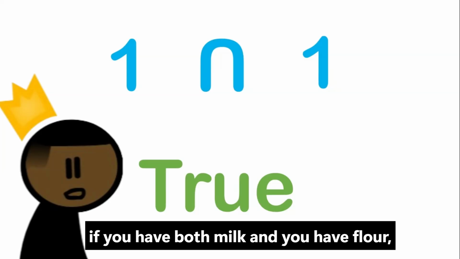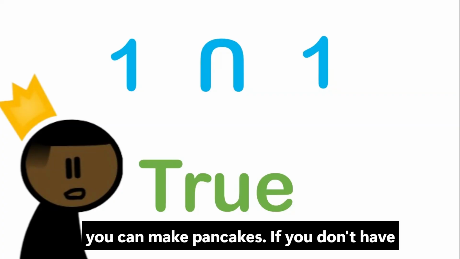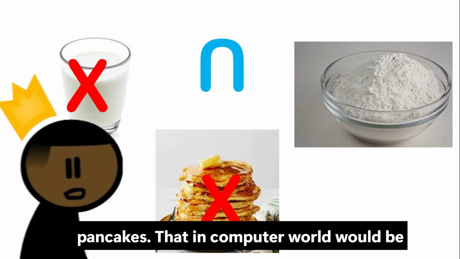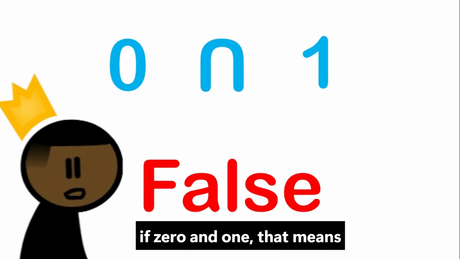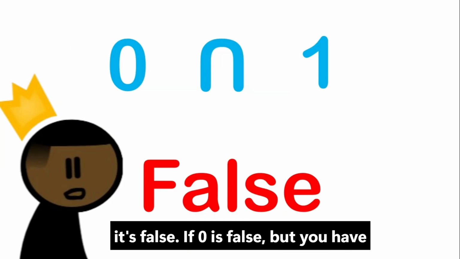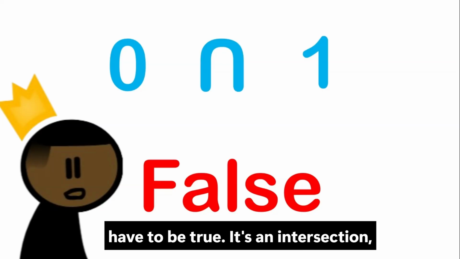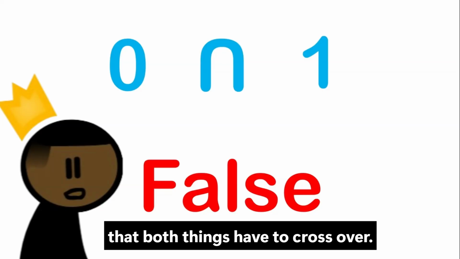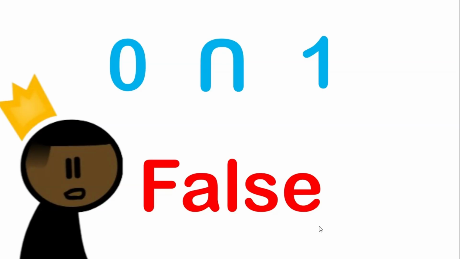Just like I said, if you have both milk and you have flour, you can make pancakes. If you don't have milk but you have flour, you can't make pancakes. That in computer world will be if 0 and 1, that means it's false. If 0 is false, but you have 1, it's still false because both things have to be true. It's an intersection. It's and. It's an intersection, meaning that both things have to cross over.